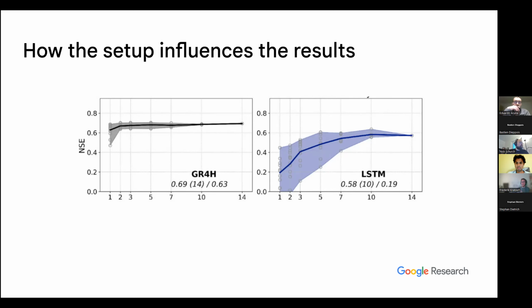The outcome of their paper was, and I'm overdramatizing now, that the LSTM is not suitable for hourly prediction and you should use the GR4H. I don't want to say which model to pick. I just want to say that if you set up the LSTM differently for this specific experiment, the results will completely change.